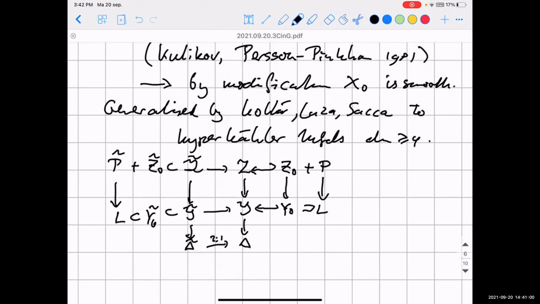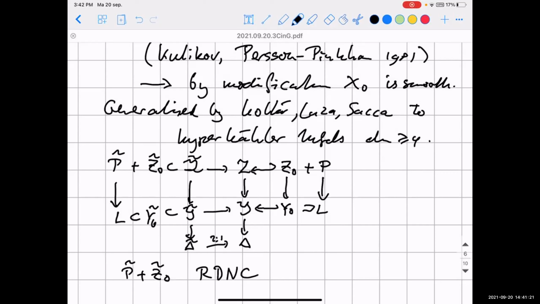So this is a divisor with normal crossing. So a reduced divisor has normal crossings. Reduced divisor with normal crossings.